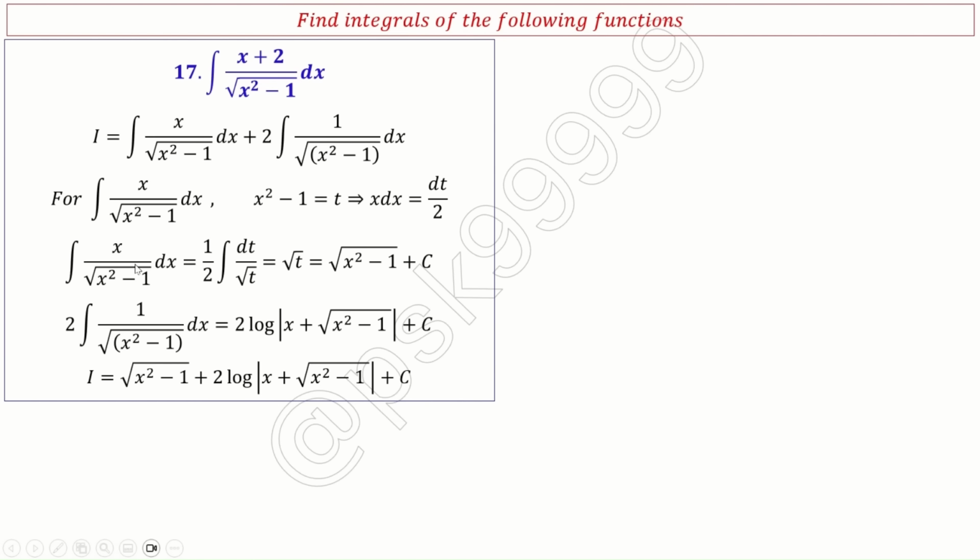So x dx is dt, which is 1 by 2 dt by square root of t. The answer is square root of t, which is square root of x² − 1 plus constant. The second part is straightforward. You will get 2 log (x + square root of x² − 1) plus constant. So the whole answer is square root of x² − 1 plus 2 times log of (x + square root of x² − 1) plus constant.